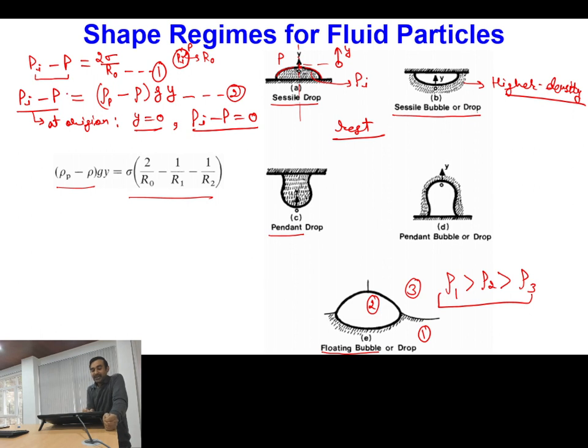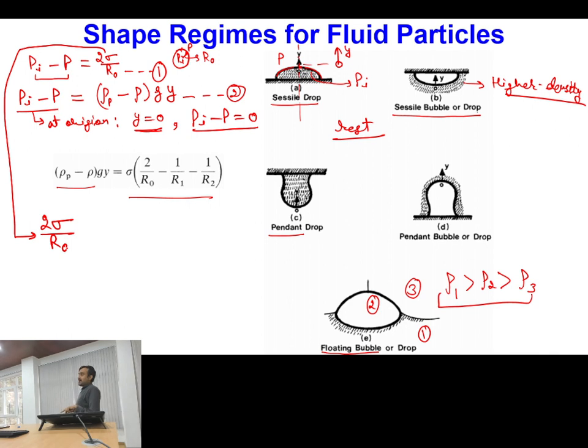So for Pi minus P, the hydrostatic force, I have used my origin such that at the origin point this left hand side is becoming 0. I have to also use some other additional term in the right hand side in order to make the pressure because of the surface tension also equal to 0. So what I will do in this right hand side, I will add one more term. So this is my 2 sigma by R naught.